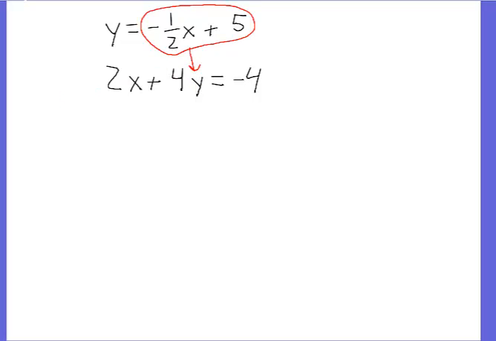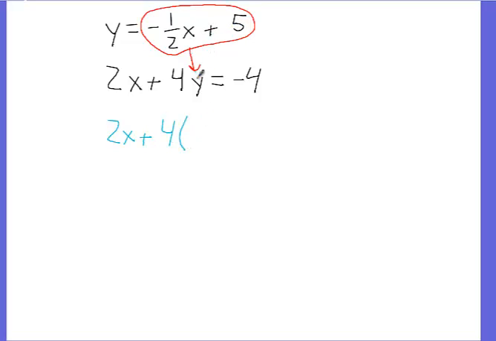So the second equation is actually going to become 2x plus. Now this is where it gets tricky, because in the second equation it's 4 times y, 4 times the variable y. Really what we're doing is we're replacing this y with negative 1/2 x plus 5.